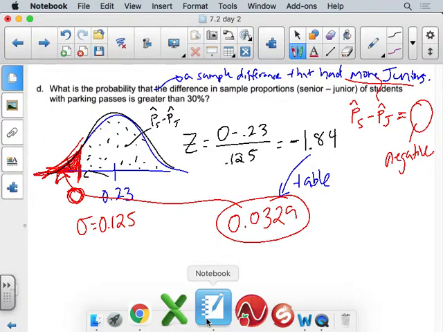So these just represent a simulation of all the different types. And so in 3% of those cases, juniors had more parking passes than seniors in a sample of 30 from this school.